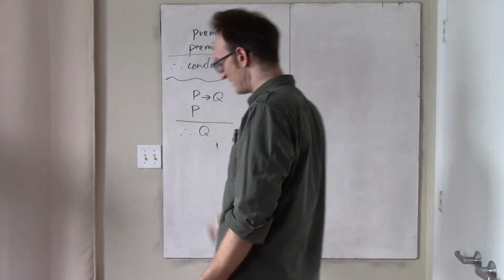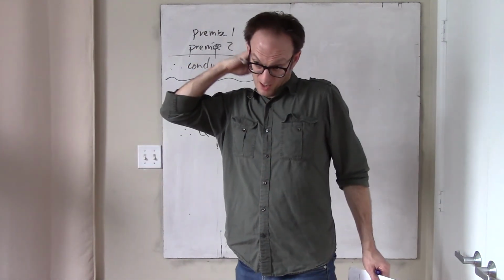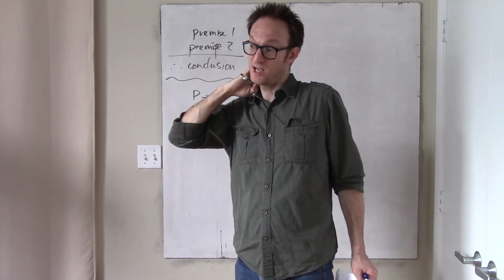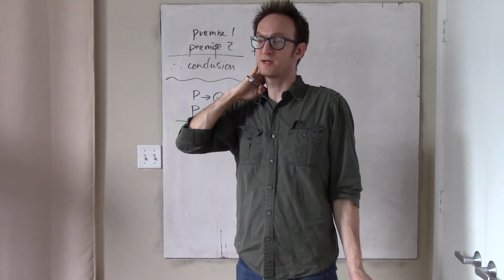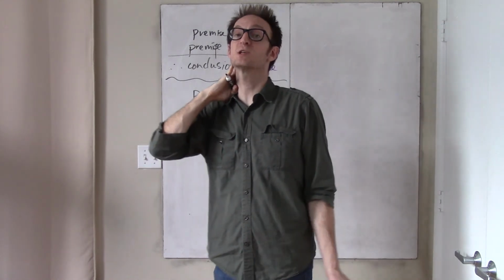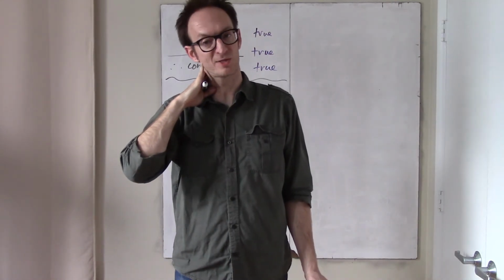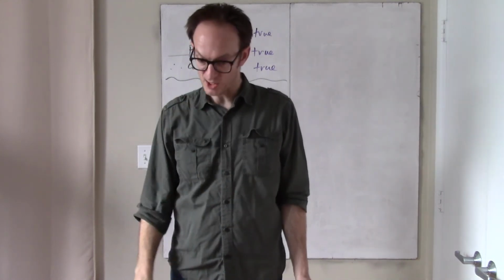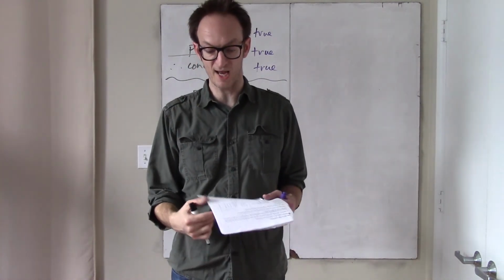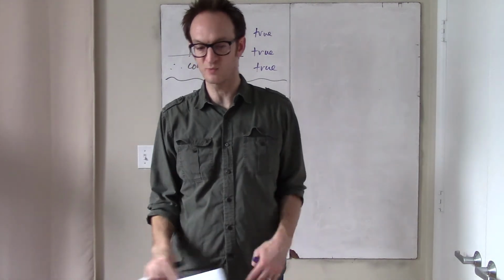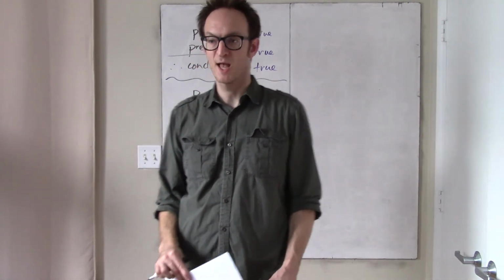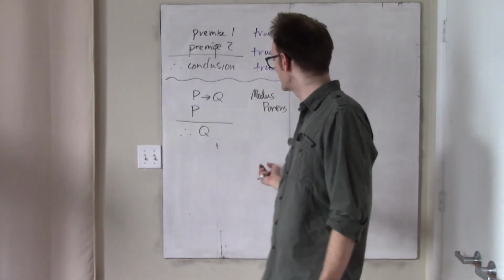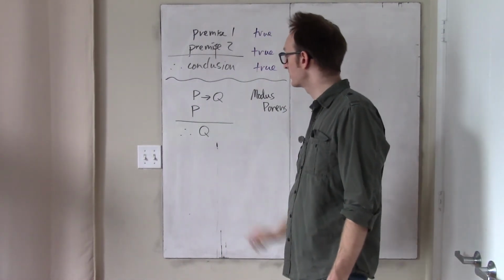These are old Latin names, and that's because the ancient Greek society was extremely influential in the Roman society, and especially within the church. So the works of Aristotle were translated and retranslated into Arabic, into Latin, and studied forever. But the names that the Europeans used to refer to these arguments were Latin names.